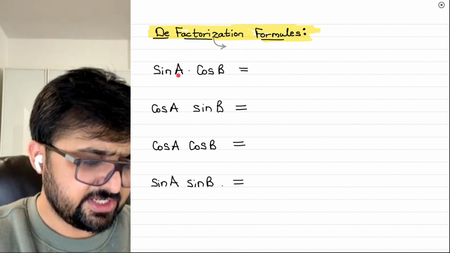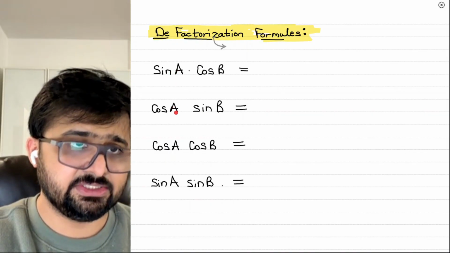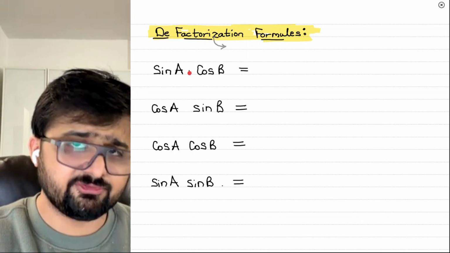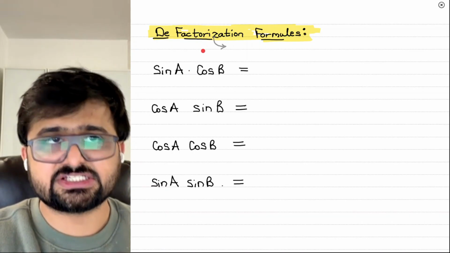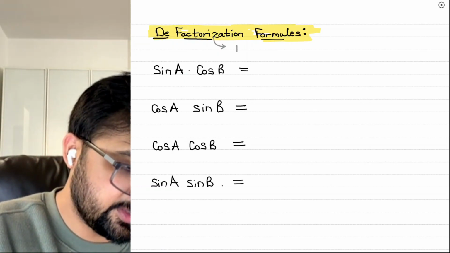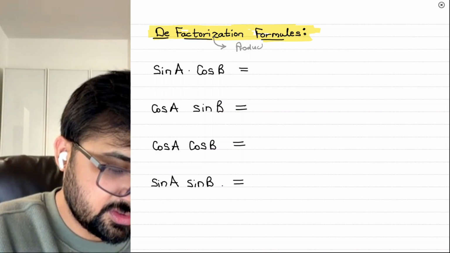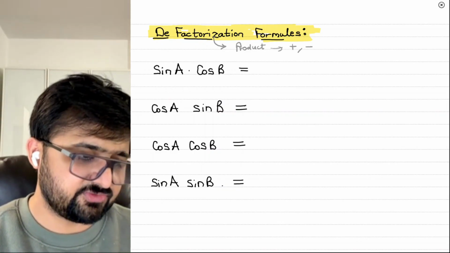So whenever you have a product of two trigonometric terms like sine and cos, you convert that product into addition or subtraction using defactorization formulas. Okay, now let's see how those formulas turn out.